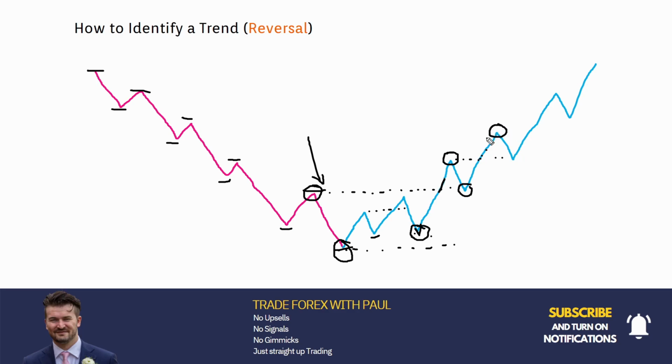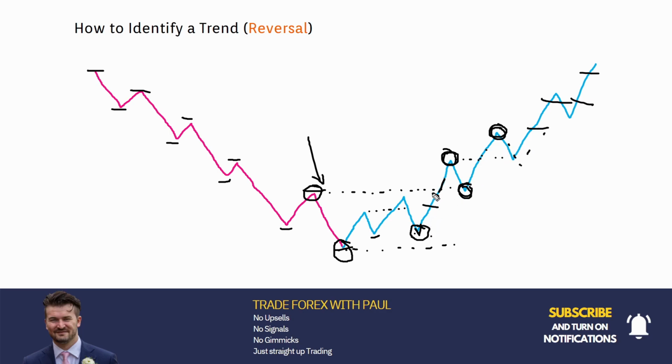So what we can do from here, only once this has been confirmed, so this one's been confirmed, that one's been confirmed, and that one's been confirmed, we can now look at getting involved in the trend moving upwards. Where I said before, where we were going on about where is best to get involved in a trend, is it all the way up here? Is it here? Is it there? Is it down here?